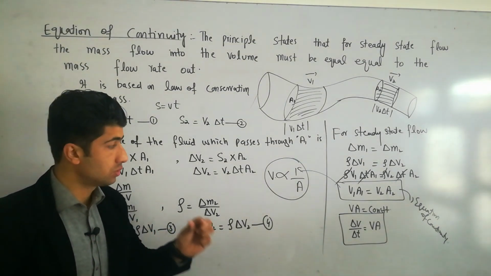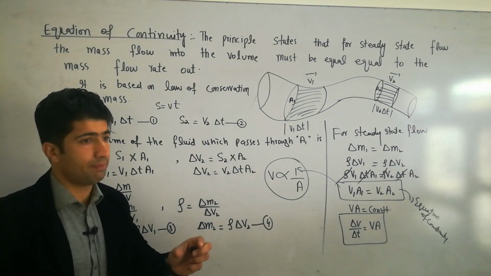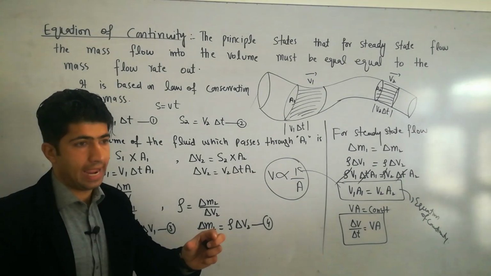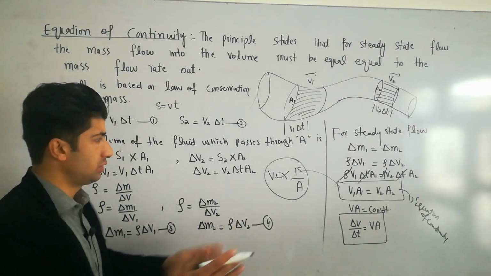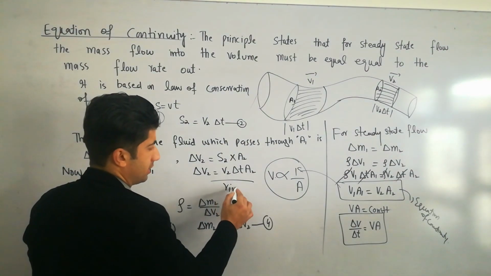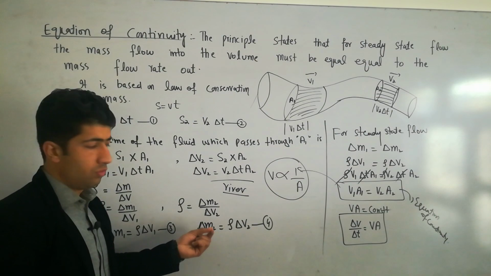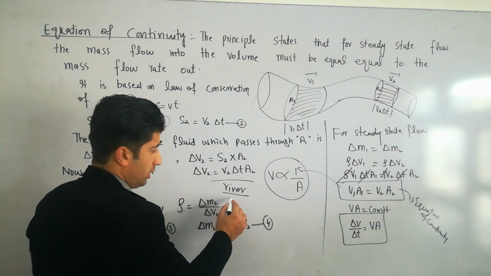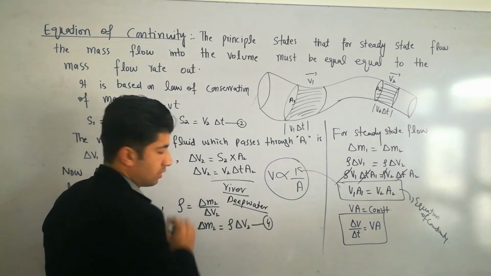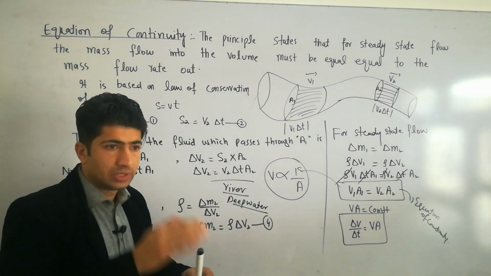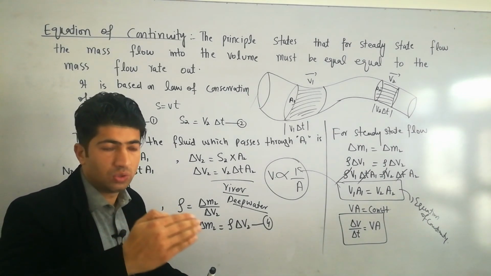We have so many examples in our everyday life. Take the example of a river, with deep water and shallow water. In deep water, the speed of water is very low.